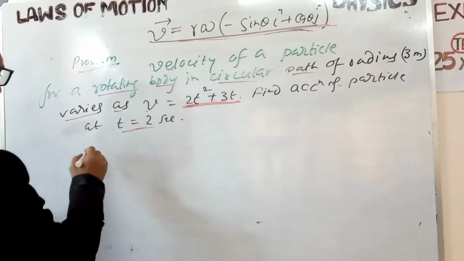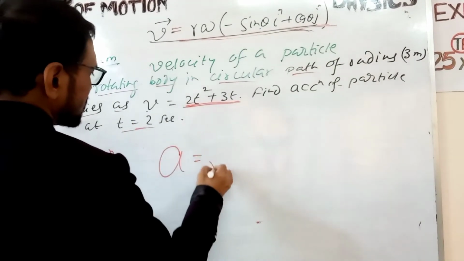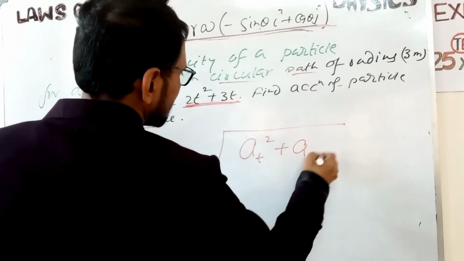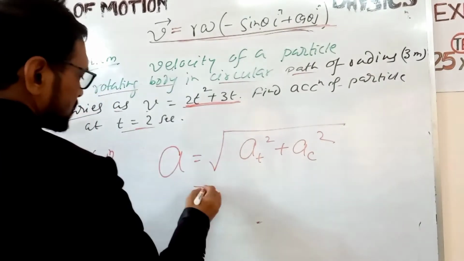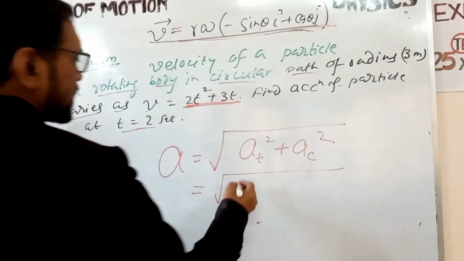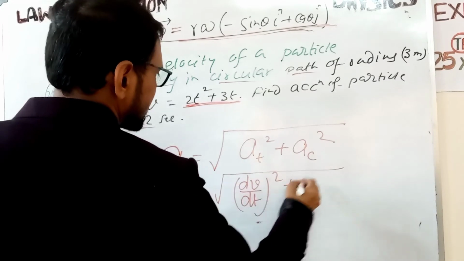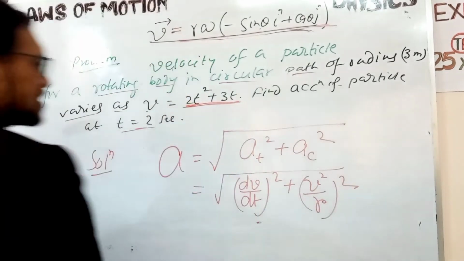Now the solution is this. We know the acceleration a equal to the square root of at square plus ac square. What is at? First write the formula: at equal to dv by dt, and ac equal to v square by r, whole square. So this is the formula.